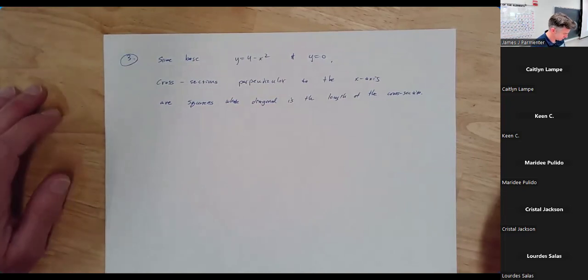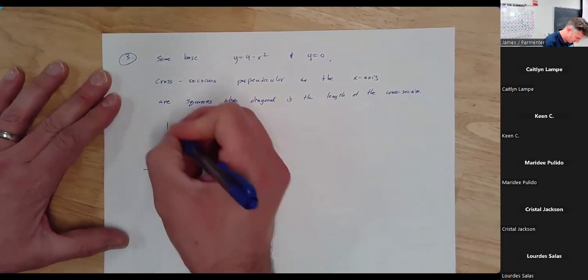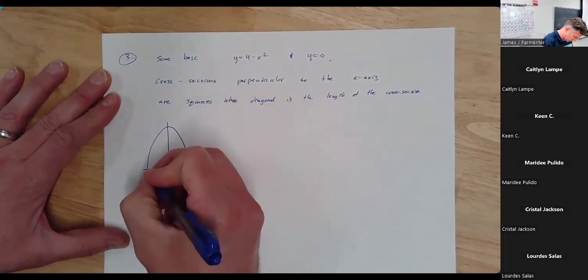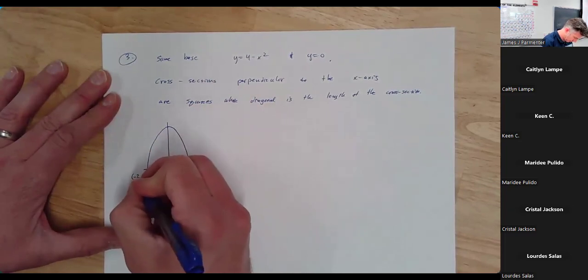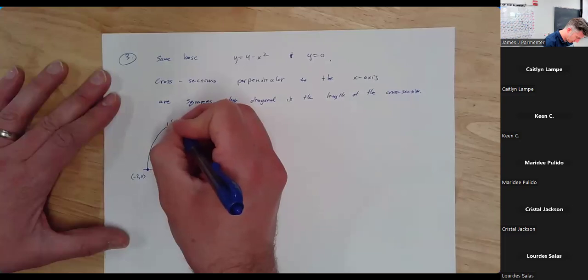Okay. So, same region, with points -2, 0, 2, 0, 0, 4.